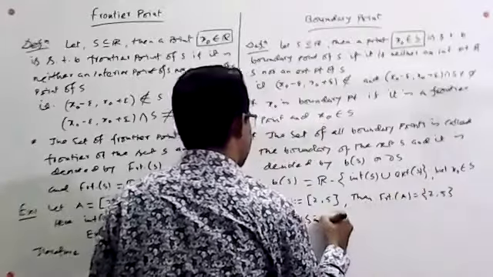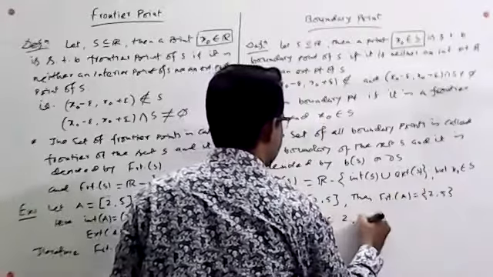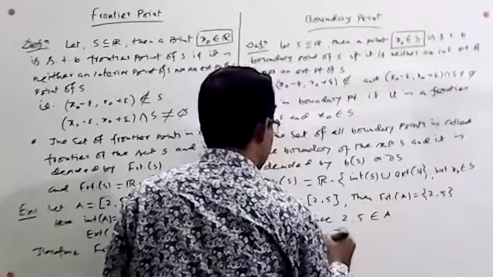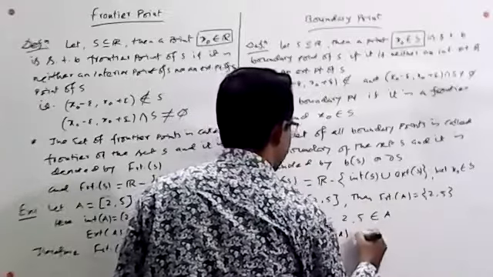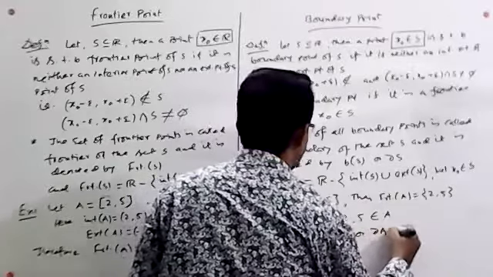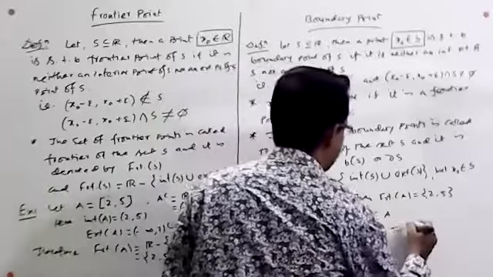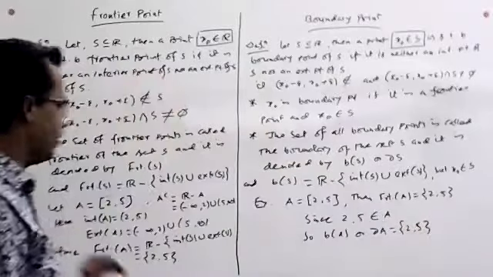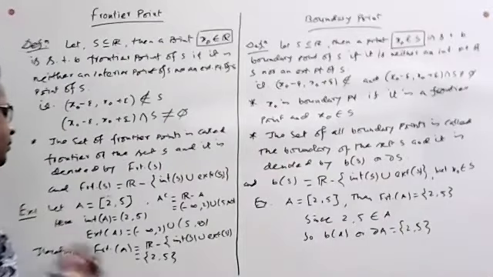Since 2 and 5 belong to the set A, boundary of A or delta A equals 2 and 5. So for this closed interval, boundary point and frontier point are the same.